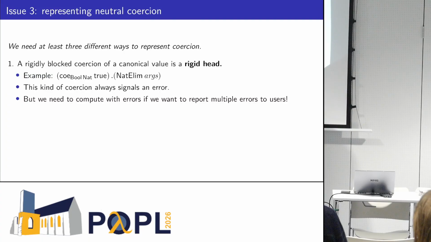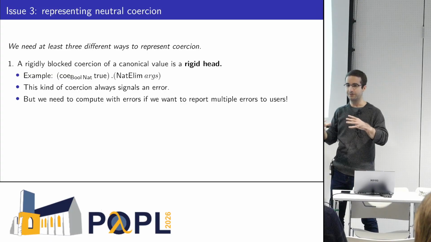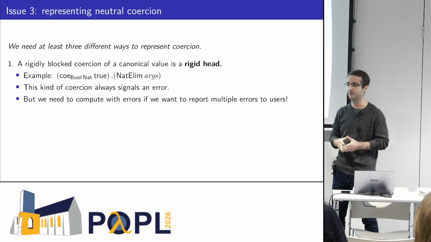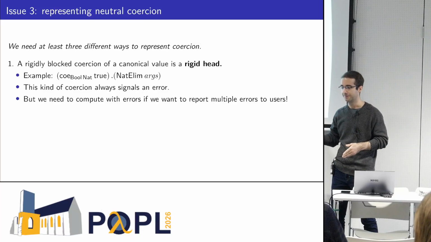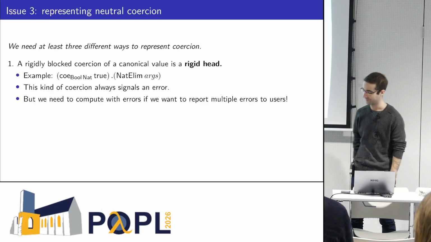We need an explicit representation of this case, because this is basically an error. Whenever you have an impossible constraint, you can actually get values like this from it. And we need to be able to represent and compute with values of this form if we want to report multiple errors to the users. Because the first time we get an impossible definitional equation, we could just throw an error, but that's not good in production, because in production we want to report multiple errors to users.